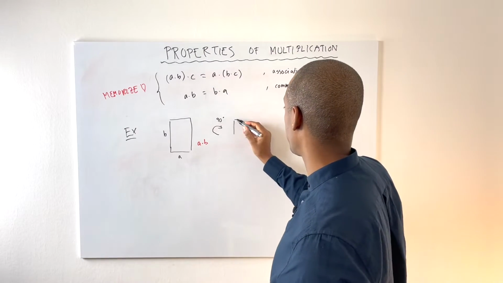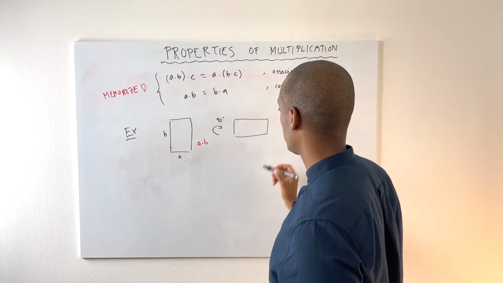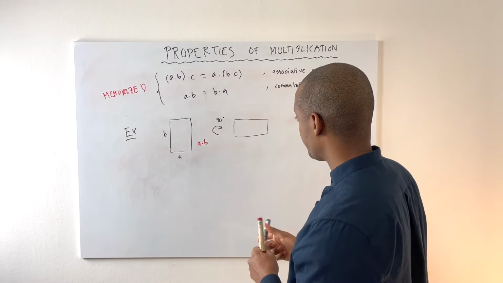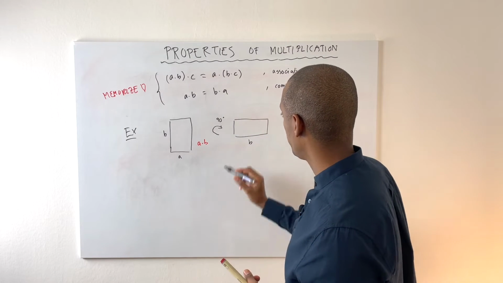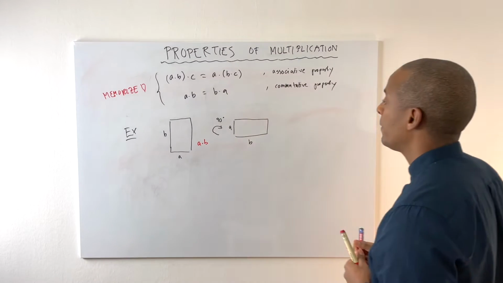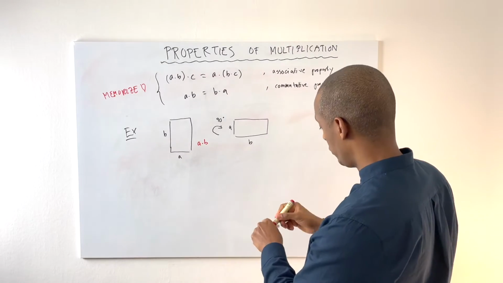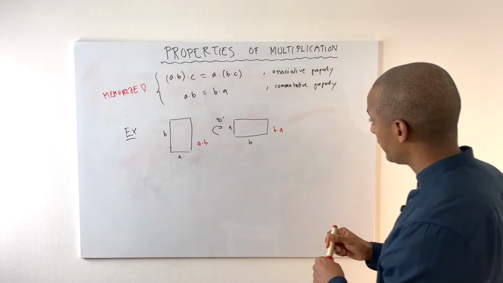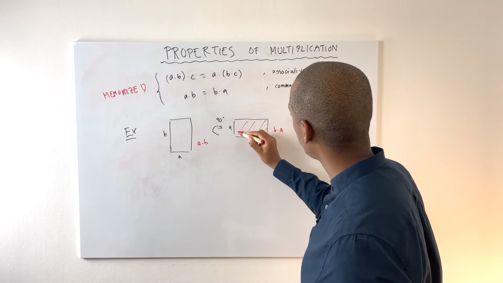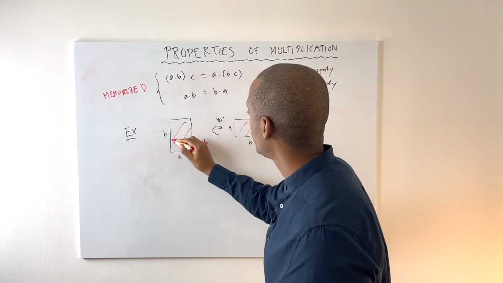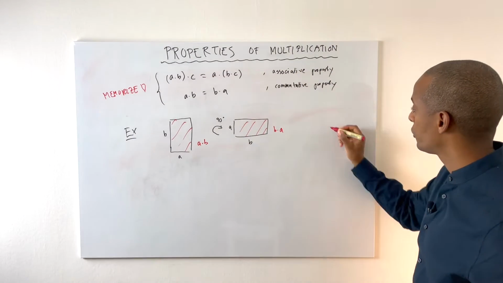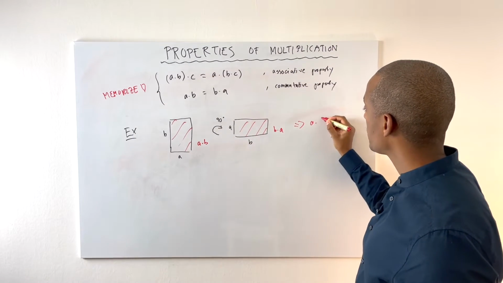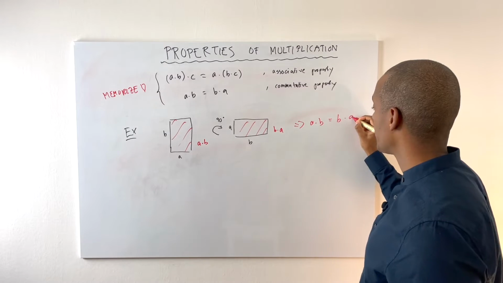Then it will look like this, right? Then this side will be B and this side will be A. And now the area here will be B times A. So we see here that the area here and the area here should be the same. So A times B is equal to B times A.